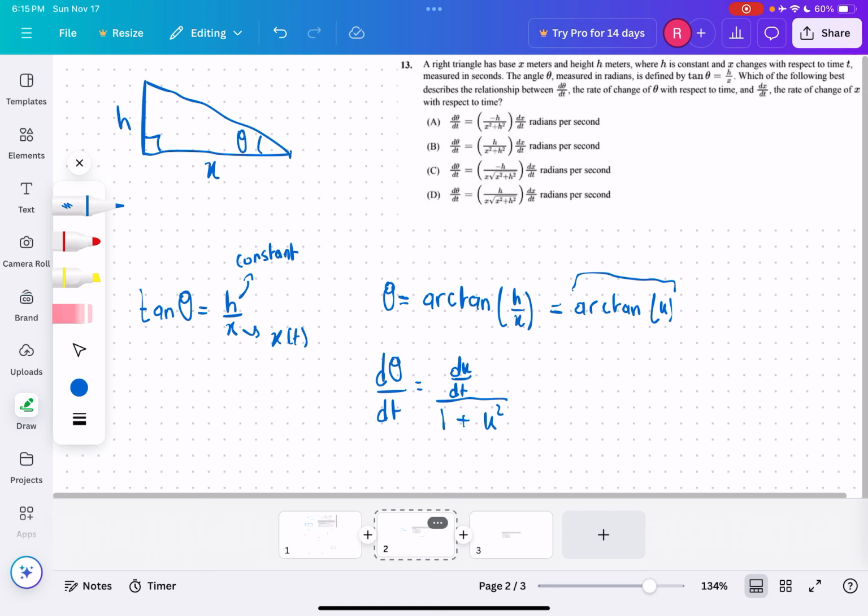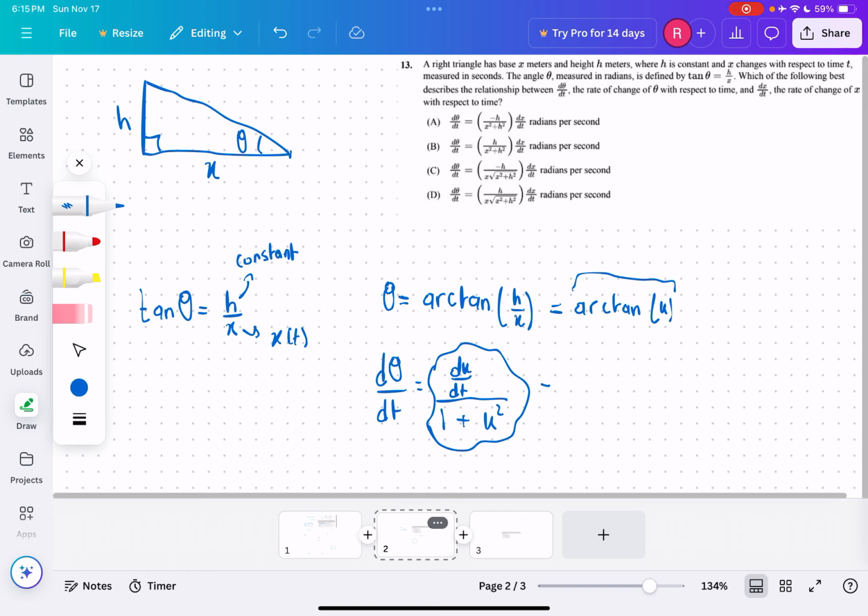This is a formula that you need to know. This is the general form of this derivative. But we don't have u, right? We have h over x. So the numerator is going to be the derivative of h over x, and the denominator is going to be 1 plus h over x, all of it to the power of 2.